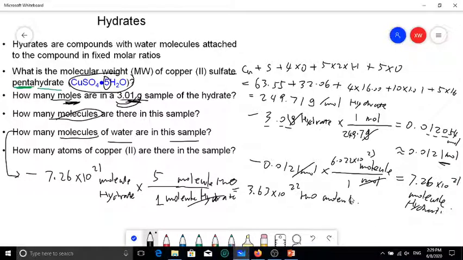Then the next question is, how many atoms of copper are in the sample, similar to water molecules? In every one molecule of this hydrate, there's 1 copper, so you can do a very similar calculation.